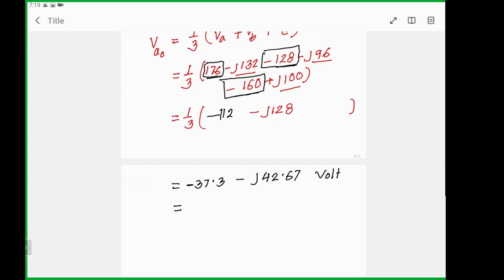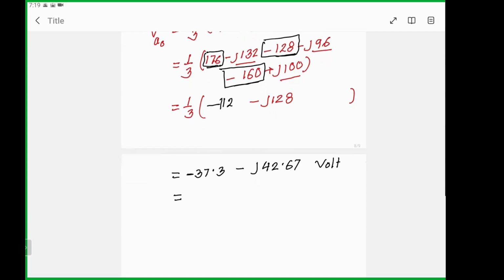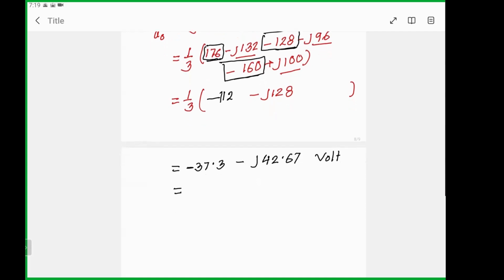Whenever you are doing addition, you need to convert it to rectangular, and whenever you do multiplication, you have to convert it to polar. So you need to use your calculator.